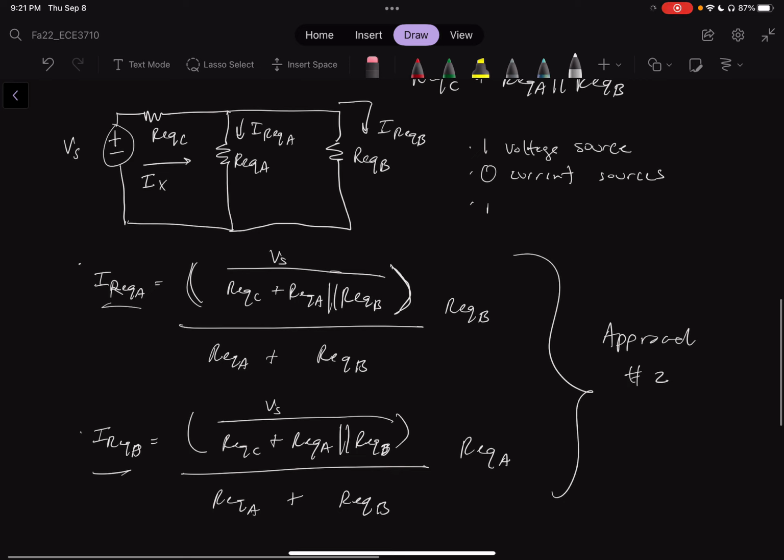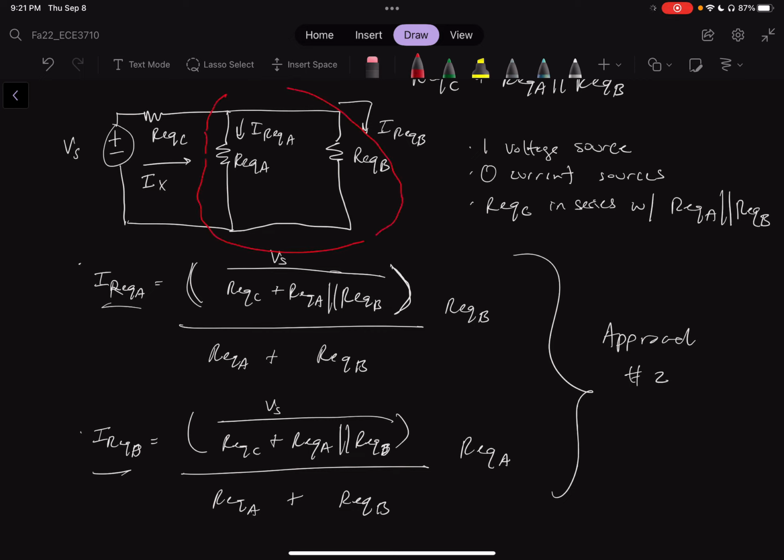And you have an R equivalent C in series with R equivalent A parallel R equivalent B. So one can argue this part looks like approach number 1. But what's different is that we have a voltage source on the left side of that region that I just circled in red.